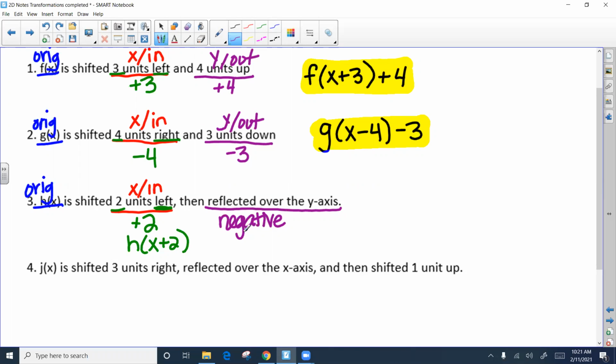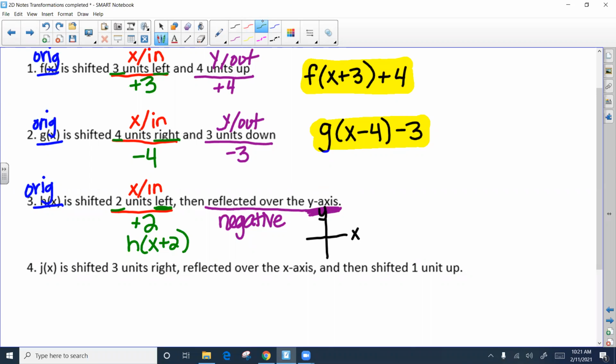But I have to figure out whether that negative is on the inside or the outside. That's a little trickier on the reflections unless we have them memorized. If something is reflecting over the y-axis, that doesn't mean it's affecting the y values. Let's think about that before we say what's happening. So I'm going to kind of draw an illustration here.